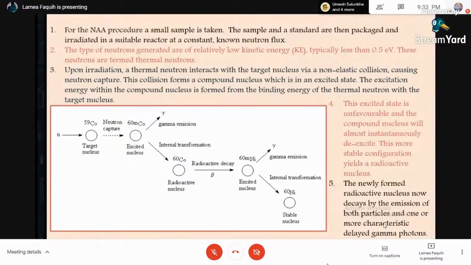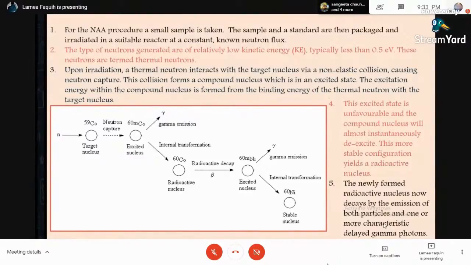Now, the neutrons generated that have low kinetic energy will radiate and then bombard my sample particles. Once we radiate into the nucleus, the thermal neutron will start to interact with the target nucleus, and the interaction will be a non-elastic collision. As we know, non-elastic collisions are where there is a loss of kinetic energy after the collision, right?